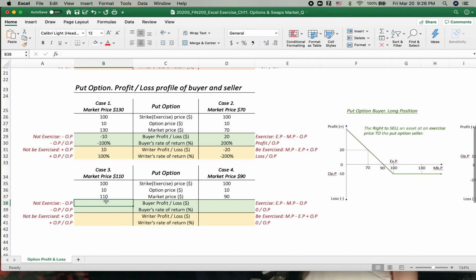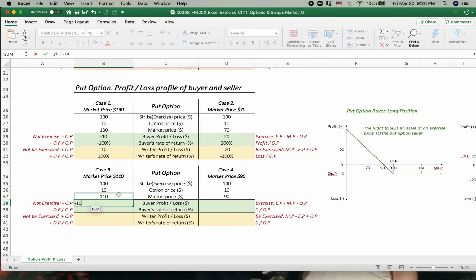What would happen if the market price went up to $110 in the same situation? If you're a put option buyer, will you exercise? No, you just have a right to sell an underlying asset. You will not exercise, because the market price is $110. You will sell your underlying asset on the market instead, right?